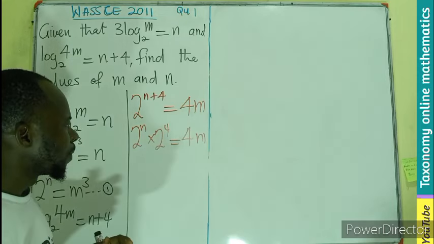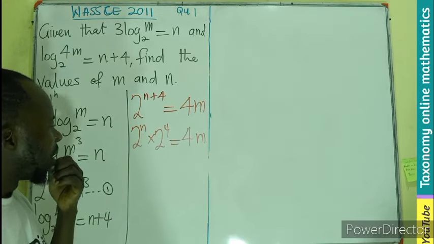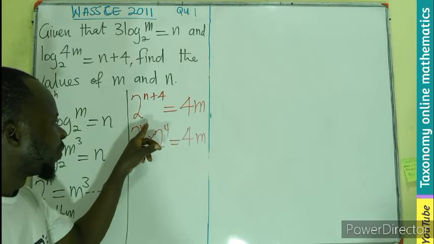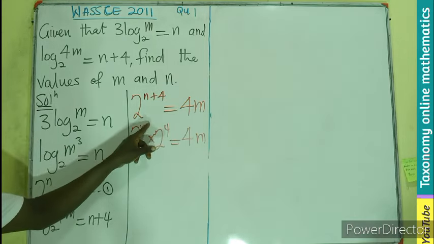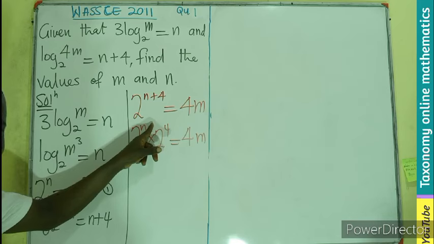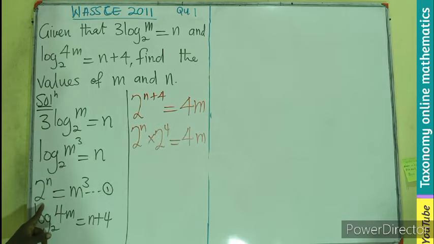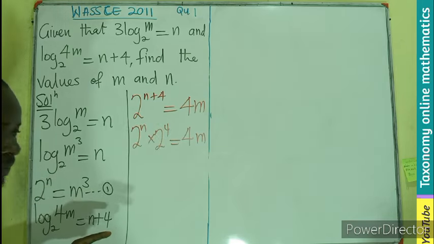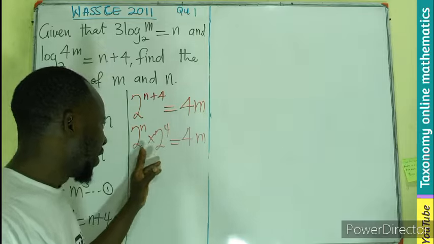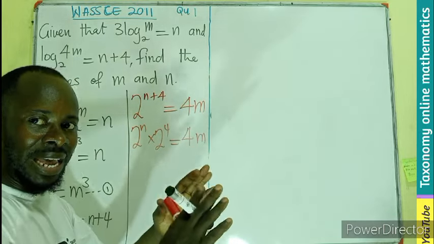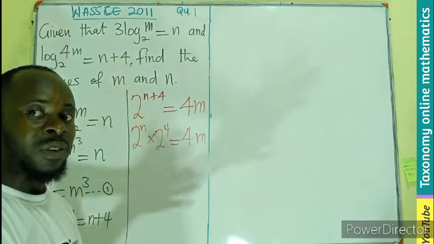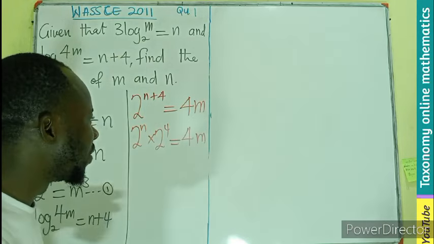So what am I seeing? I am seeing that I have 2 exponent n here, which is also in the first equation. So we can do substitution, but it will be easy if we eliminate this 2 exponent 4 so that we have 2 exponent n isolated so that we can equate easily.